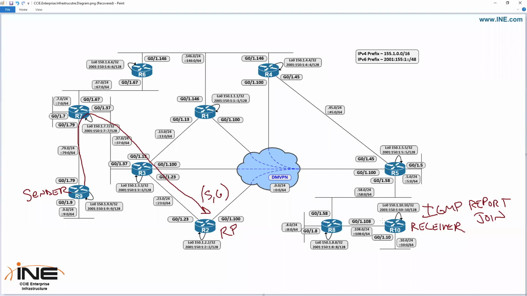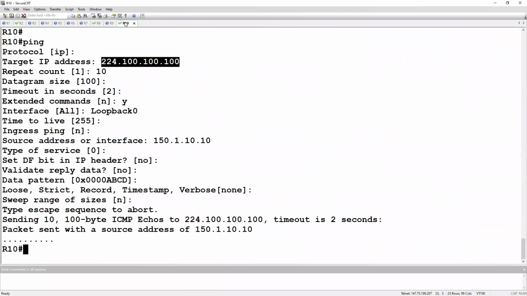Okay, this is going to go to the IGMP querier on the segment, and router 8 is going to turn this into a PIM join. So PIM join is going to go up to router 5, and then 5 is going to send it towards router 2.